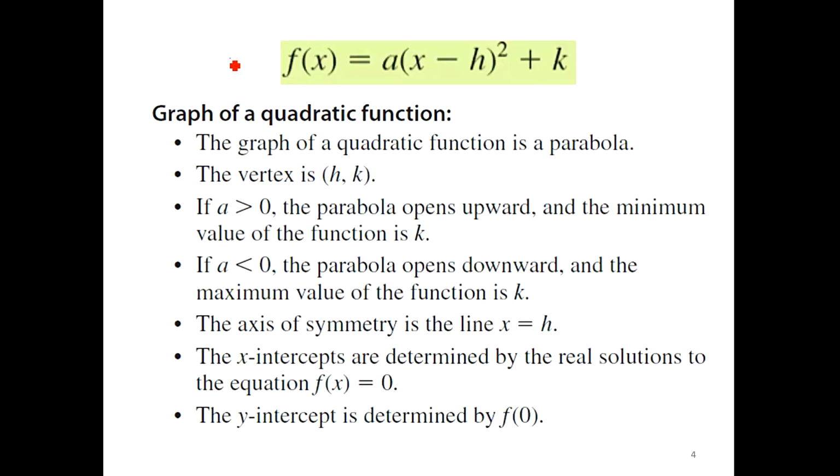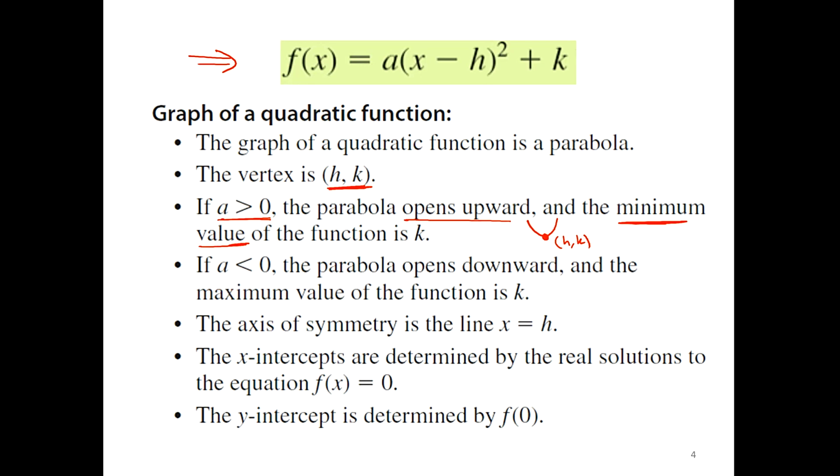Look at this. This is the vertex form for a quadratic function. h and k, this is the vertex. Okay. If a greater than 0, we have a parabola open up, and we have a minimum value of the function, because it is concave up, the vertex is the minimum, vertex h and k.